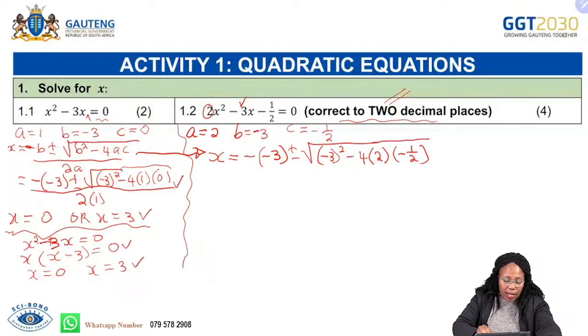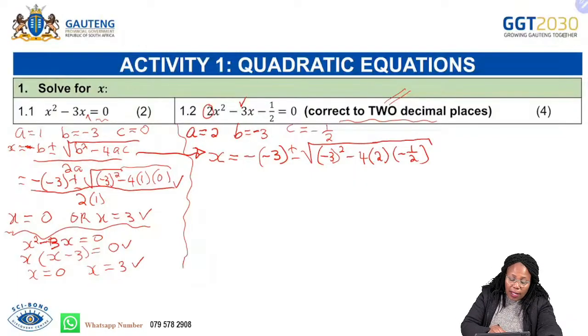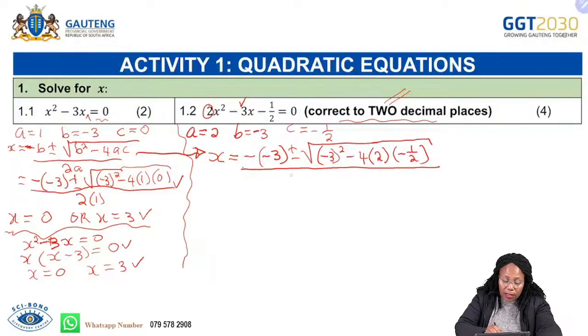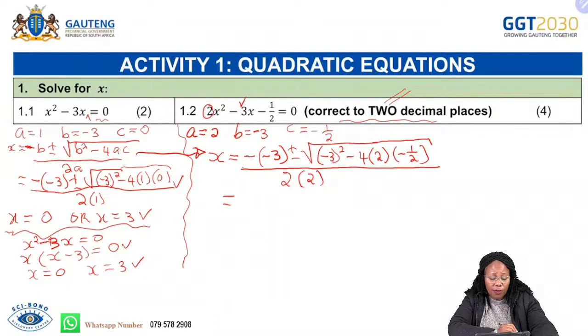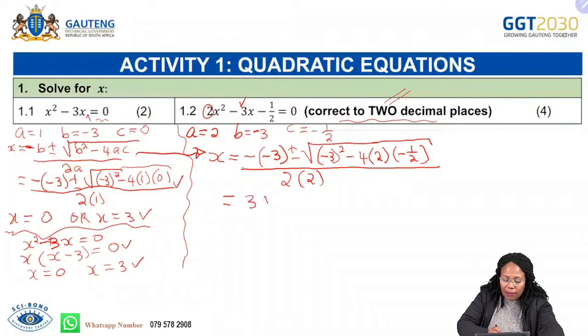Remember, the square root line must go up to the end there. And the division line also must start from there up to the end. And then this is 2 into 2 for the value of A. And then into your calculator, grade 12, to the answer. This will give you the surd form: 3 plus minus the square root of 13 over 4.